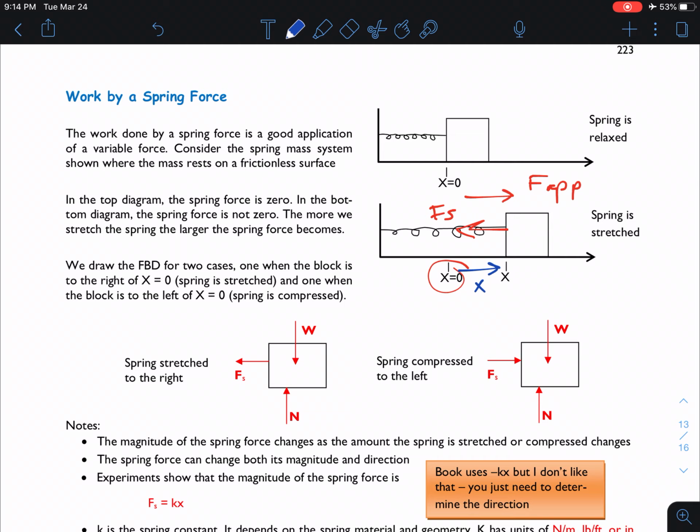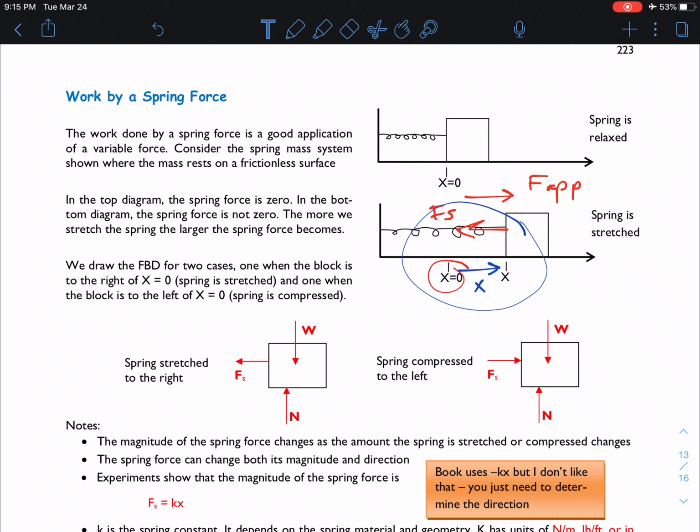So in spring problems, the spring force Fs and the stretch or compression x are always opposite to each other. We will get a negative sign later, and that explains why: these two are always opposite.